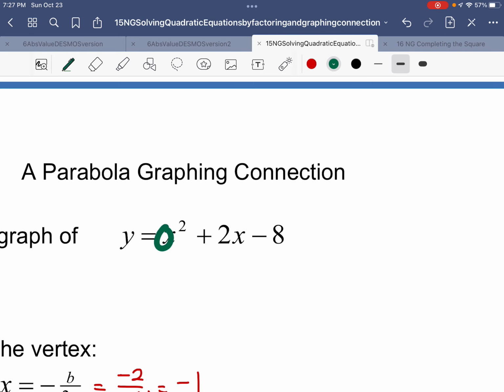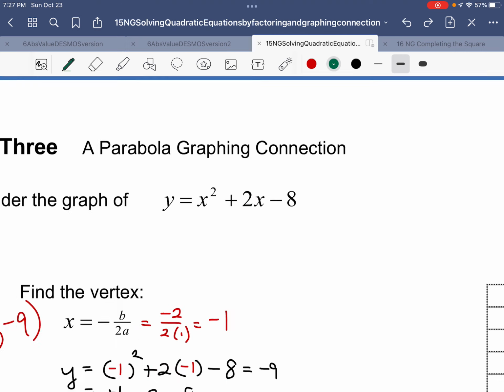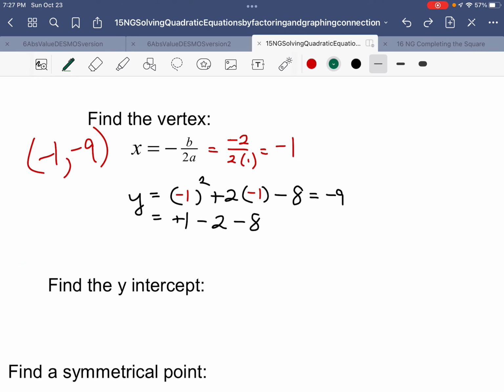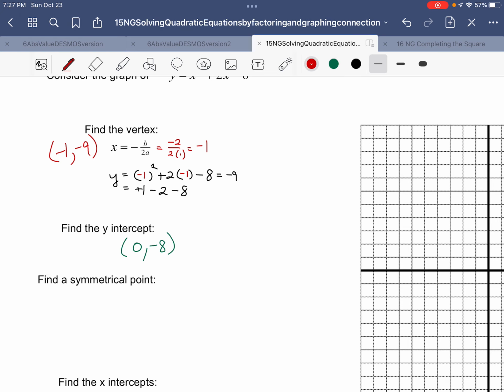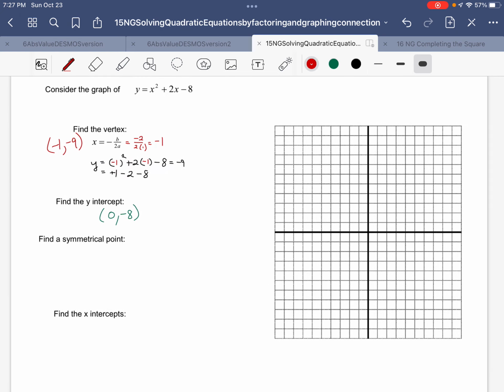How about the y-intercept? The y-intercept, that's what happens when you plug a 0 into the equation for x, right? If you plug a 0 into the equation, you just get the last number. You get negative 8. So that's usually pretty easy, and that has not changed. But we don't need to do a lot of work to get that value.